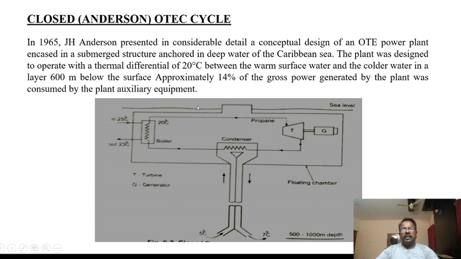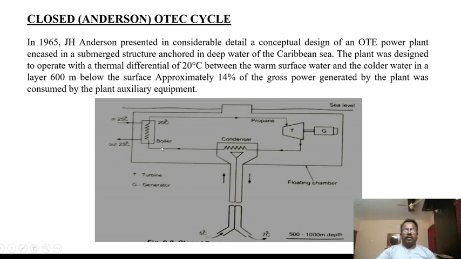See, this is the sea level. This is what I am showing. So why are we calling this a closed vortex cycle? Because the upper surface temperature available on the sea will be utilized for the conversion of energy from hot water to final electricity by using some other circulant, one more type of working fluid.